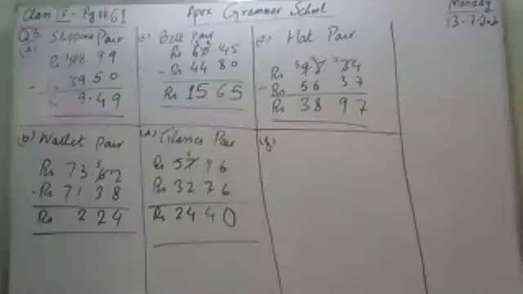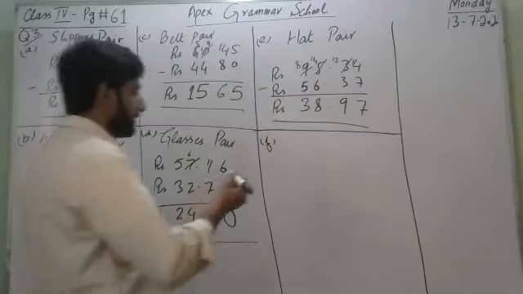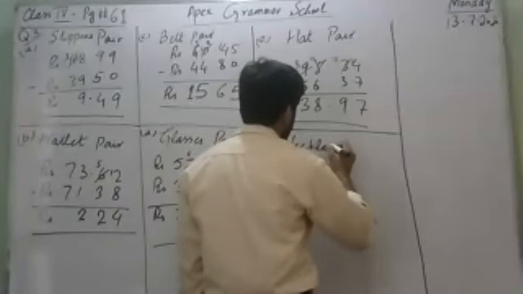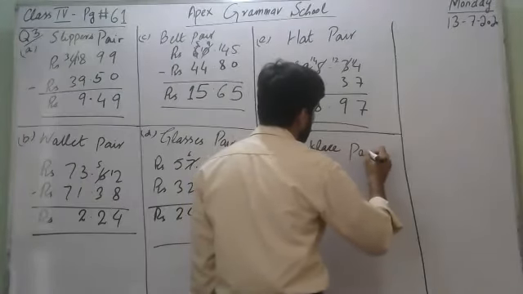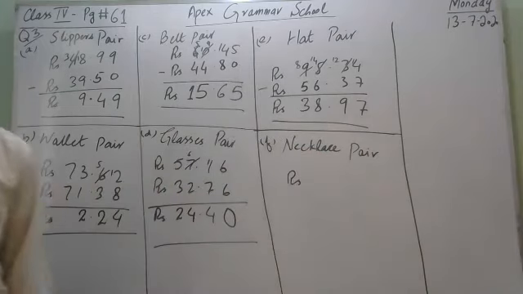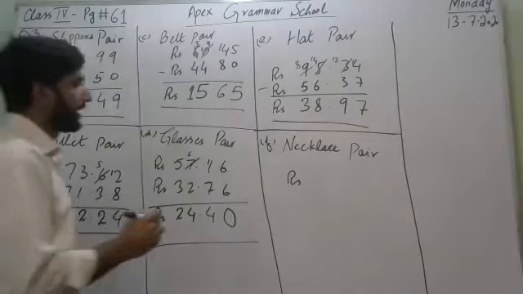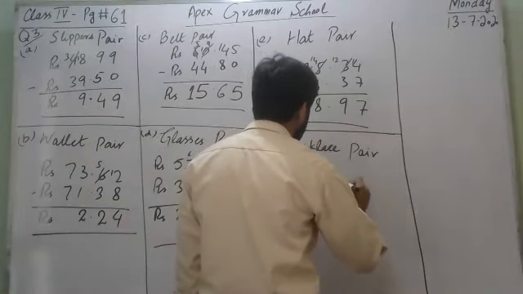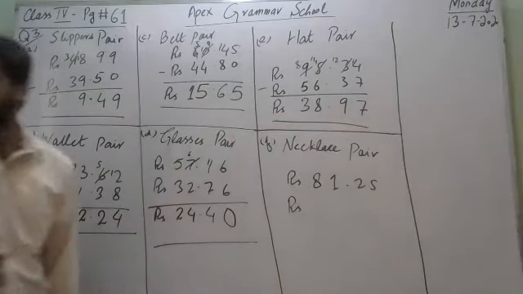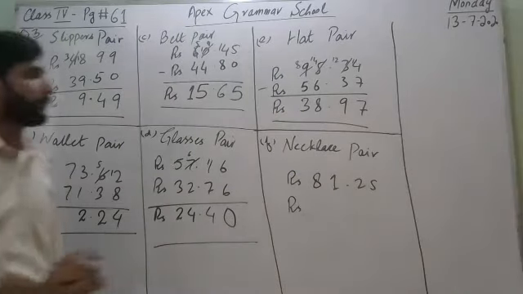Last part of this question is necklace pair. Price of first necklace is 81.25. And the price of second necklace is 60.49.